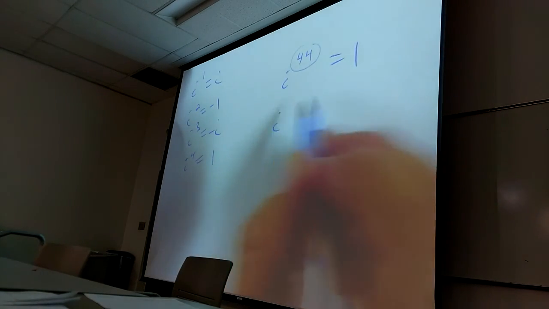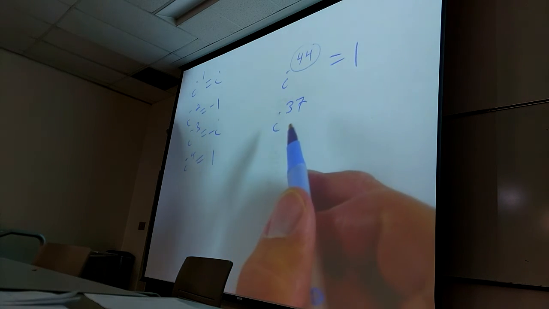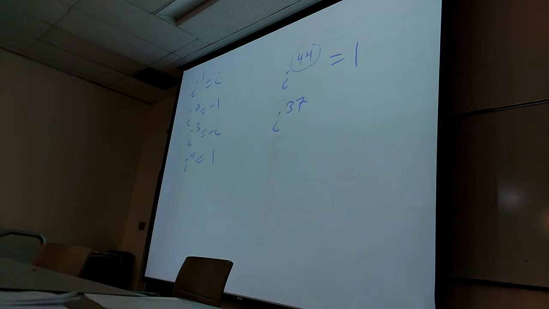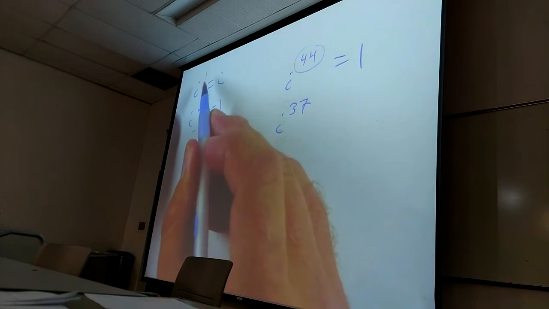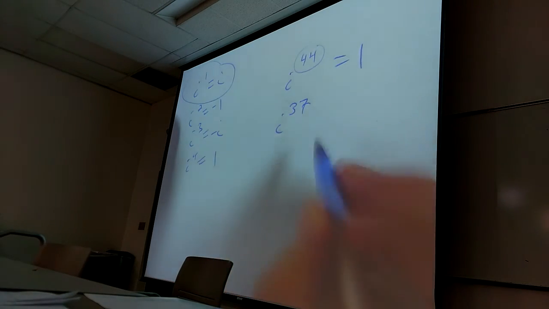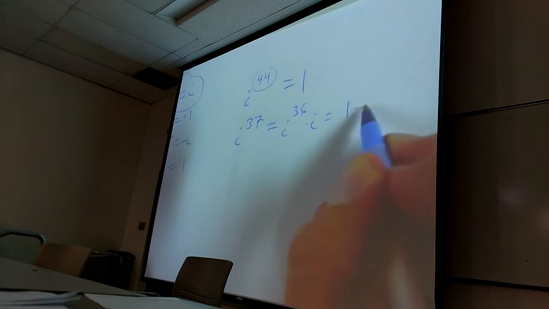What's i to the 37th power? 4 goes into 37 9 times with 1 left over, remainder 1. That means the answer is going to be this: i to the 36 times i, which is 1 times i, which is i.